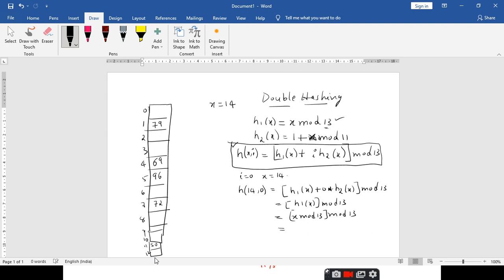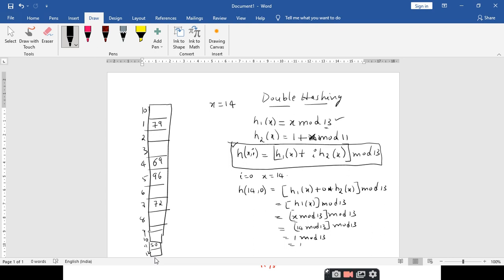So 14 mod 13 is 1, and 1 mod 13 is 1. Therefore I have to go and search for the first slot, but it is occupied. So what do I have to do?